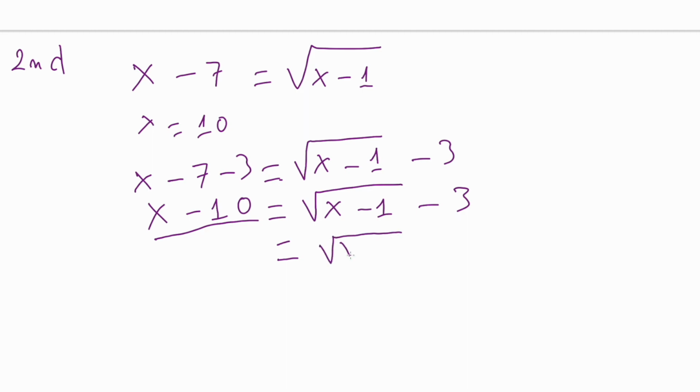We have square root of x minus 1 minus 3, and we multiply by square root of x minus 1 plus 3 on both sides.